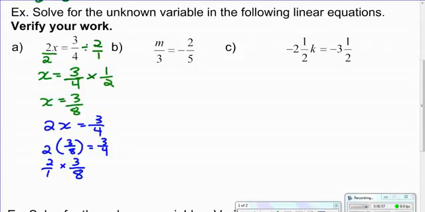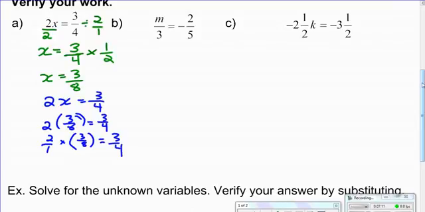Okay, and so then we're going to solve each side, and we should get the same answer on each side.